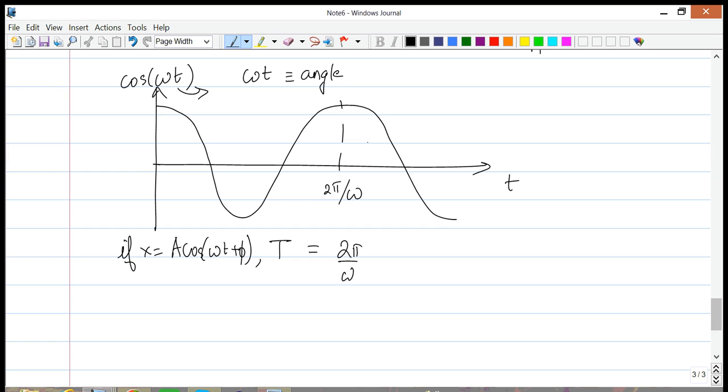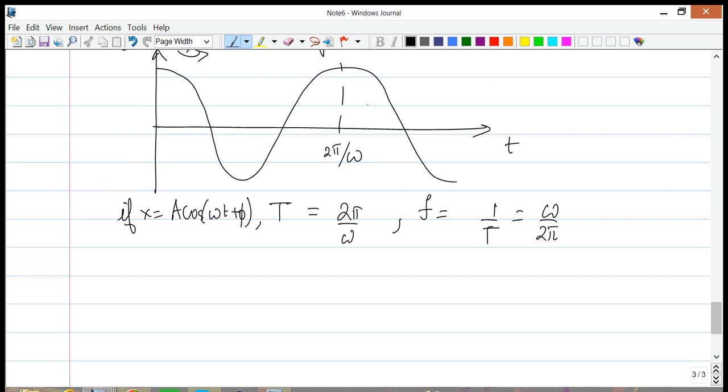Depending on the situation, omega will take different forms, and we can just plug it into this equation. Once we know the time period, we can also find the frequency, which is 1 over time, which is omega over 2 pi, and everything is good.